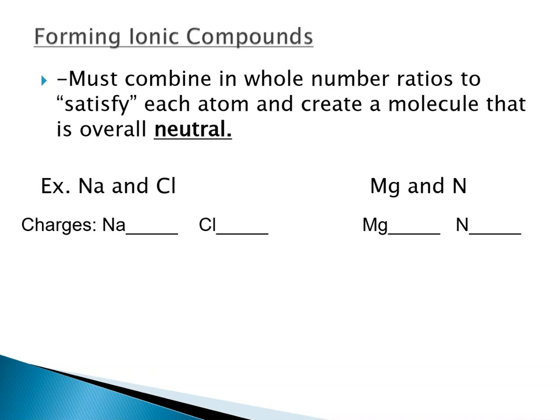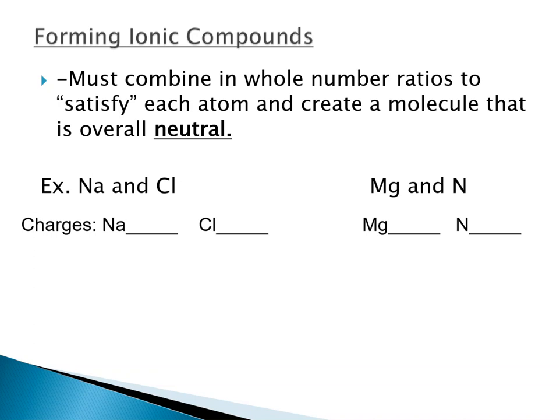So just like when we figured out the charge on an ion, to figure out the charge on the compound, we have to add up all the charges together. If they add up to 0, then we have the correct ratio. If they don't add up to 0, we have to figure out how many of each ion we need in order to make the compound neutral.